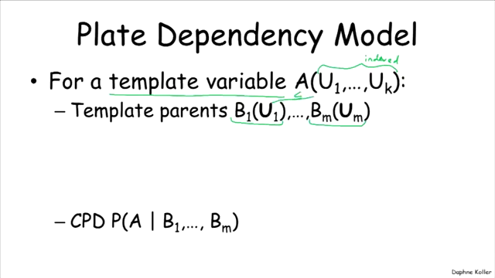It means, for example, that for the template variable G of S comma C, the G corresponds to the variable A, and S and C correspond to the indices, in this case U1 and U2.